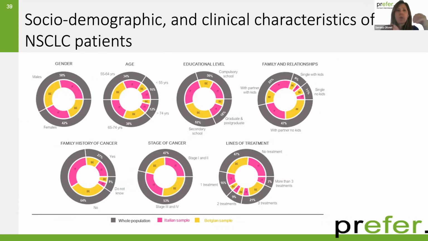Our sample was composed of an equal number of males and females, and their age ranged from 55 to 64 years old, and from 65 to 74 years old. I would say this is fully representative of what has already been observed in clinical practice and in the literature, since lung cancer is mainly diagnosed when people are from 65 to 70, we would say.